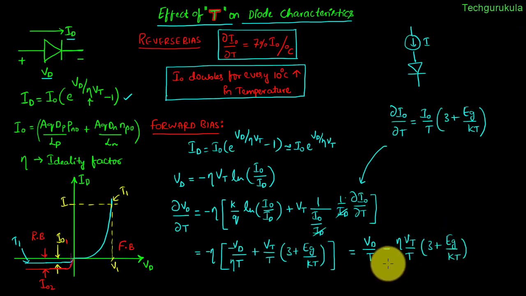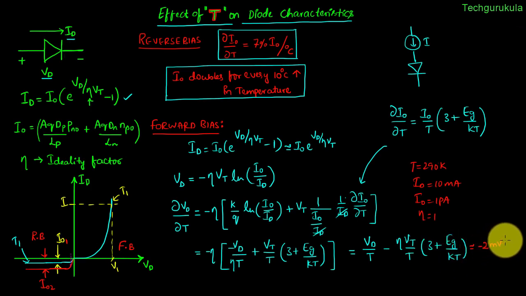If we take some practical values and substitute in this equation, we would get the variation of Vd with respect to temperature. So let me take practical values: temperature is 290 degrees Kelvin, Id is 10 milliamperes, I naught is 1 picoampere, and let's say eta is equal to 1. In that case, this expression would come out to be approximately minus 2 millivolts per degree centigrade.